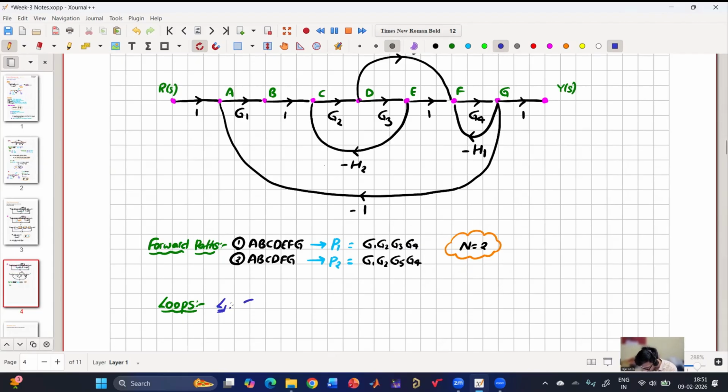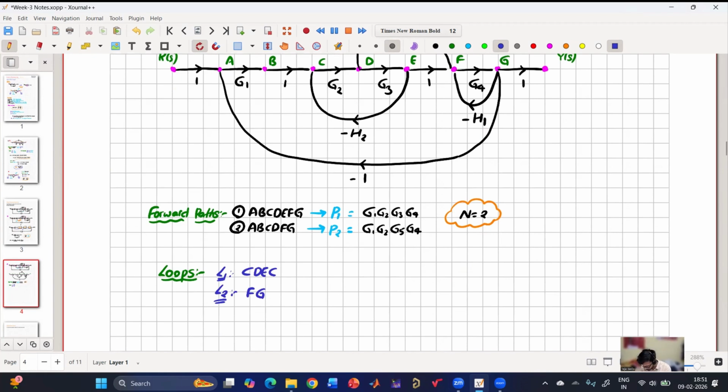So loop 1, C, D, E, C, right? Yes, sir. Loop 2, F, G, F. Very good. Loop 3, A, B, C, D, E, F, G, A. Very good. So loop 3, A, B, C, D, E, F, G, A.